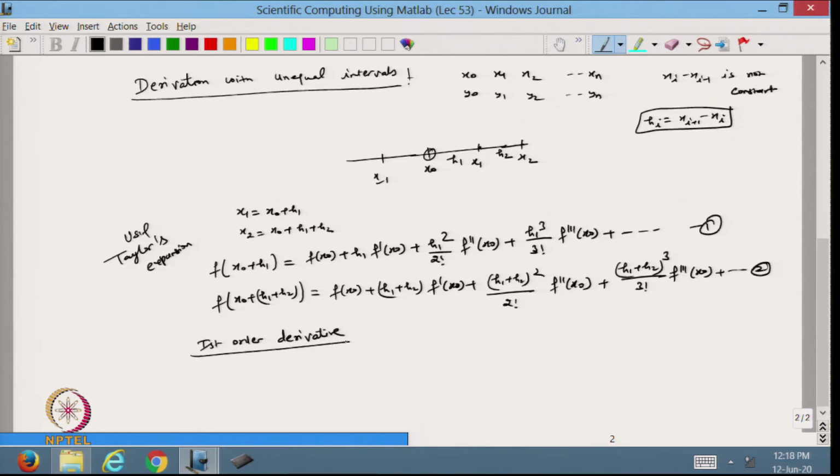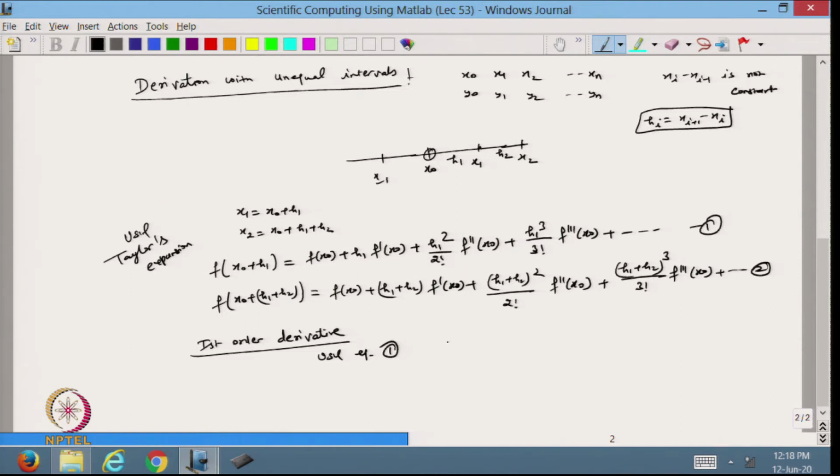The first order derivative, the simplest form, is using equation 1. I take this on the left hand side, this is my value of f at x1, this is f x0, and this h1 I can take common.